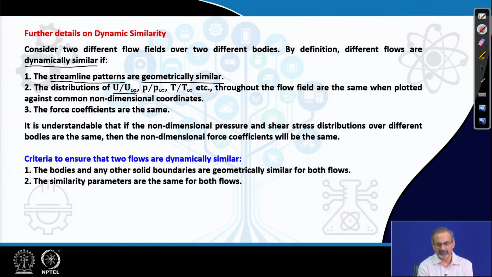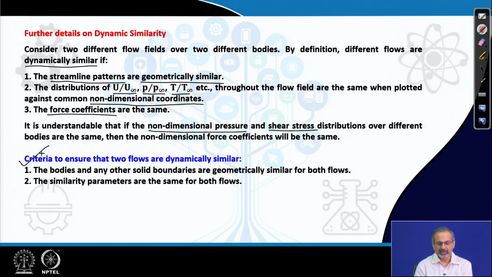Additionally, distributions of non-dimensional velocity, pressure, temperature, wherever they are applicable, throughout the flow field are the same when plotted against common non-dimensional coordinates. Additionally, force coefficients are going to be the same. Of course, it is understandable that if you have non-dimensional pressure and shear stress distributions over the two different bodies coming out to be identical, then non-dimensional force coefficients will also be the same.